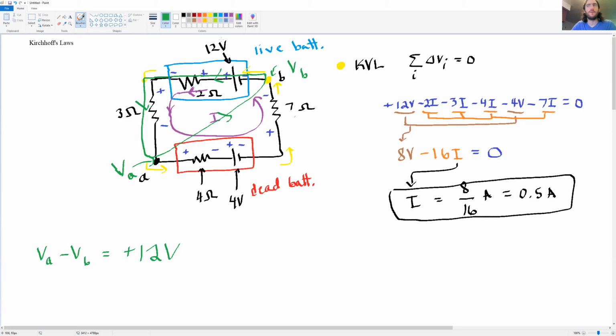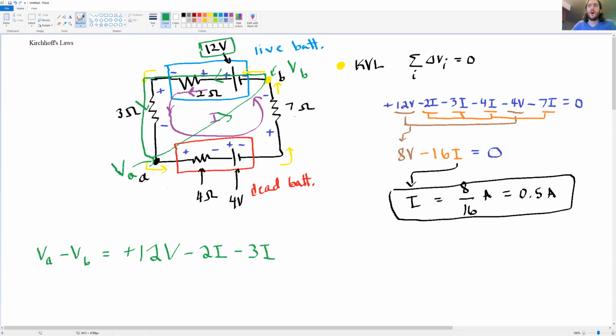We cross this 12 volt battery here. And then we cross the 2 ohm resistor, so minus 2 times I. Well, I is 1/2, right? 1/2 an amp. So this number really is just minus 1. But let's keep going here. Then we're going to have minus 3 times I, right? Minus 3 times I.